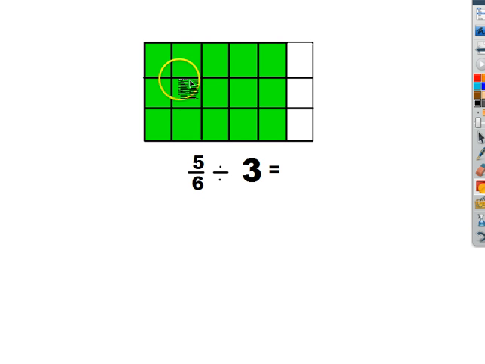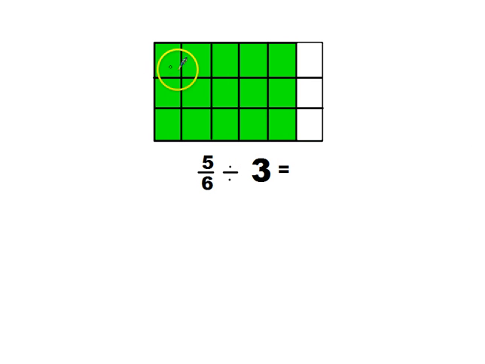It's going to end up being 5. So we're going to take this top row, 3, 4, 5, and we're going to turn that into a numerator. And then, how many pieces do I have now? 1, 2, 3, 4, 5, 6, 6, 12, 18. I now have 5/18.